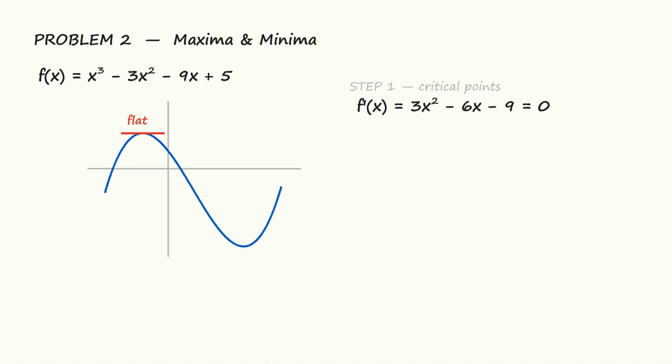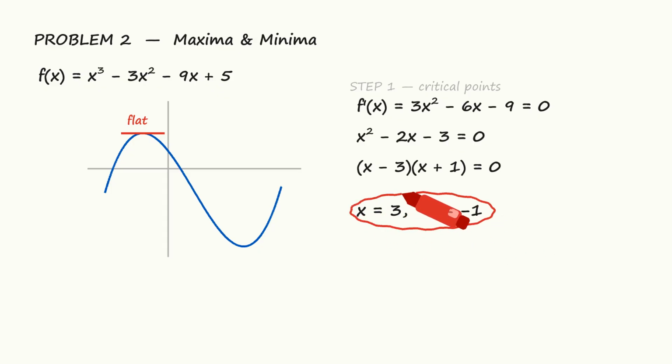F prime of x equals 3x squared minus 6x minus 9. Divide through by 3. Always simplify before you factorize. X squared minus 2x minus 3 equals 0. That factorizes to x minus 3 into x plus 1. Critical points. X equals 3 and x equals minus 1.